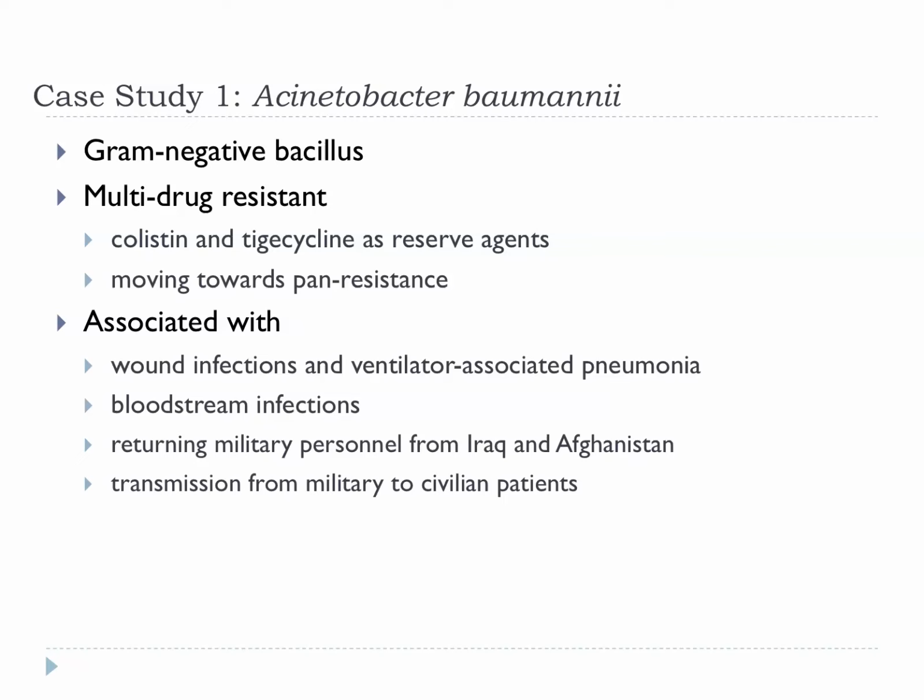So the hospital on my campus is actually where all our military personnel are repatriated when they've come from overseas conflicts. And we've seen, and you have here in the US, transmission from military to civilian patients of Acinetobacter baumannii. How is that occurring, the transmission? Well, because we don't have veterans hospitals.